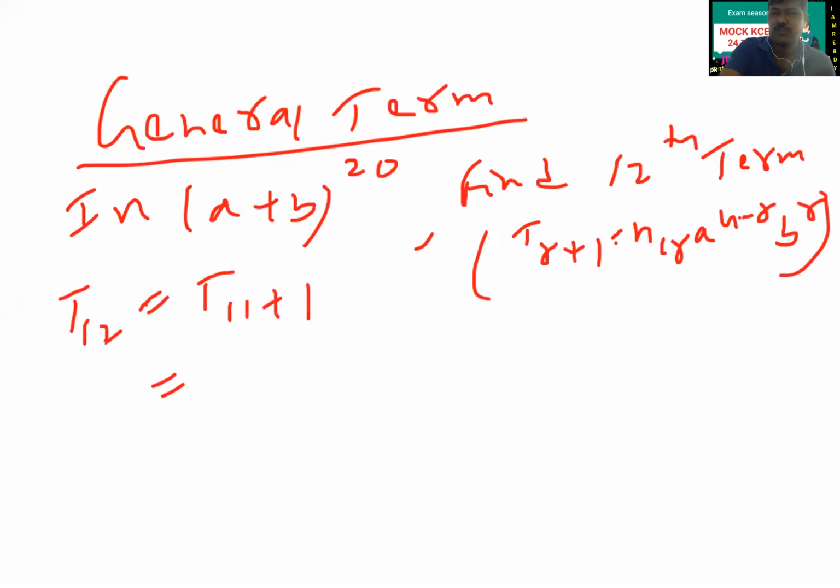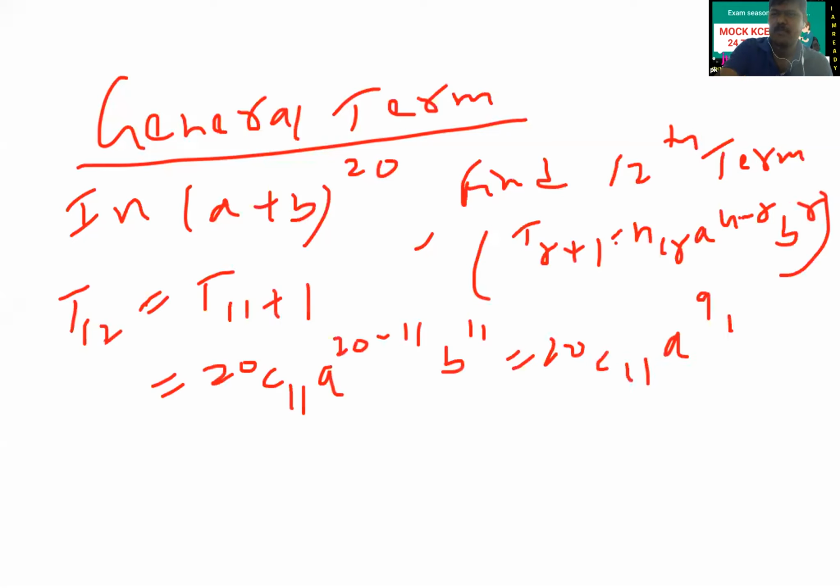So in place of n 20, in place of R 11, 20 C 11 A power 20 minus 11 B power 11. That's it. That means 20 C 11 A power 9 B power 11. That is directly 12th term. So by using general term, you can write any term in the middle of the expansion.